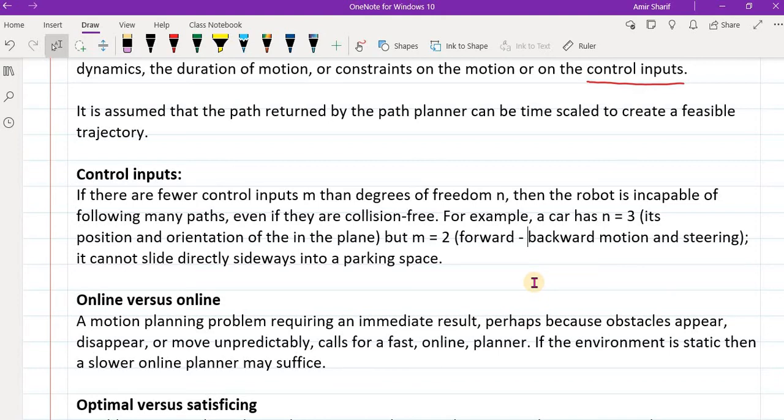So that's why you can say that it has less controllable degrees of freedom, or fewer control inputs as compared to degrees of freedom.